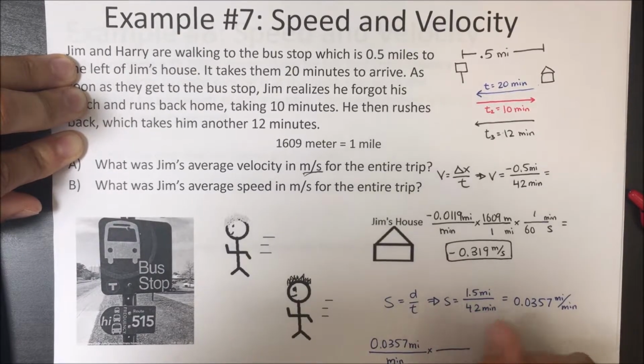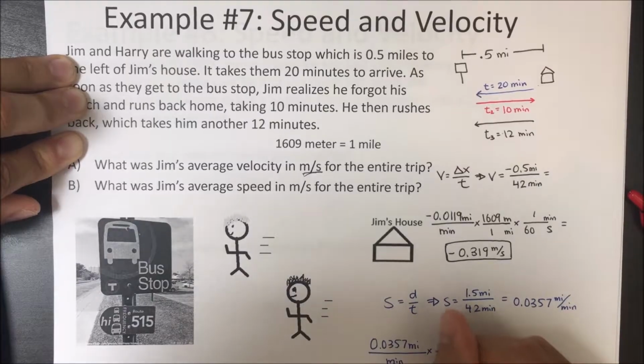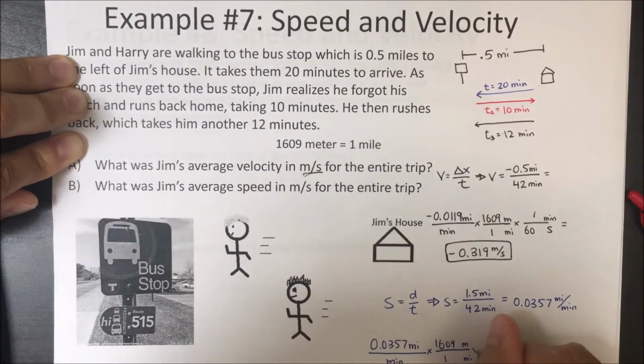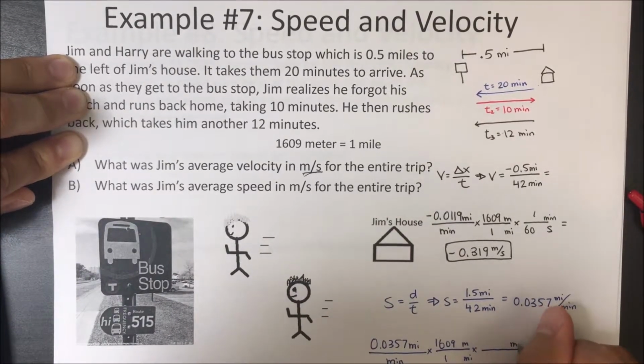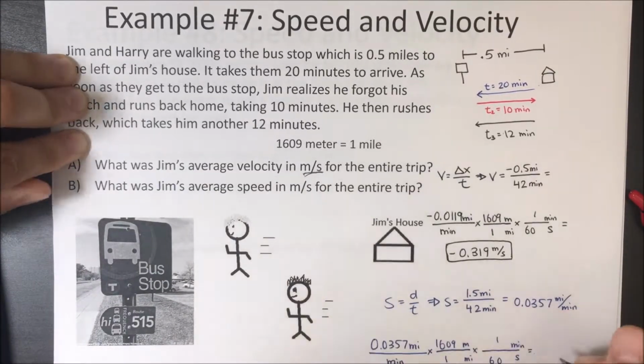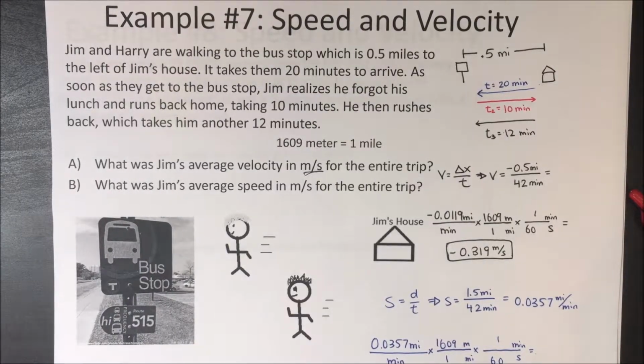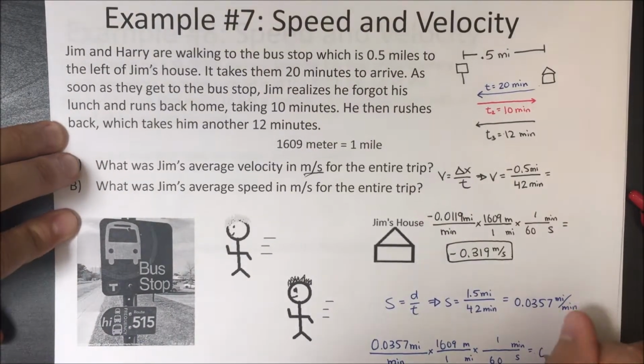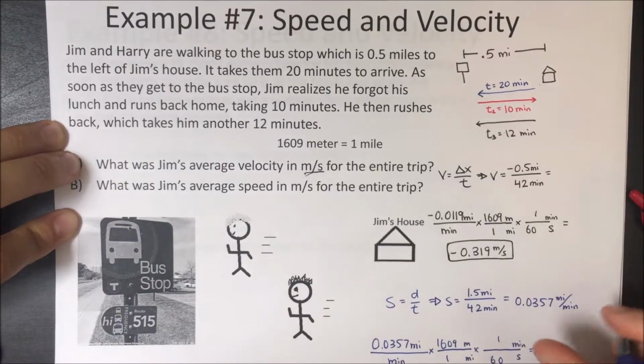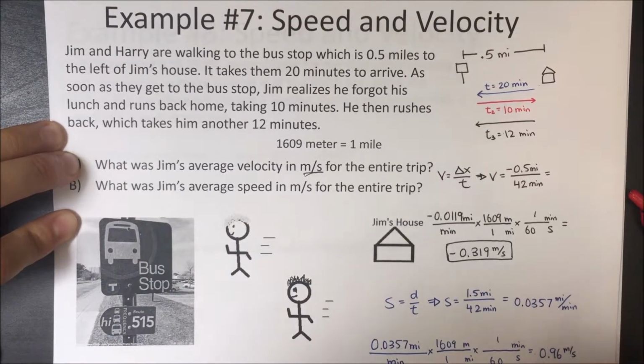Let's get rid of the mile and change it into meters, 1609. Let's get rid of the minute and change it into seconds. And then what we get is 0.96 meters per second.